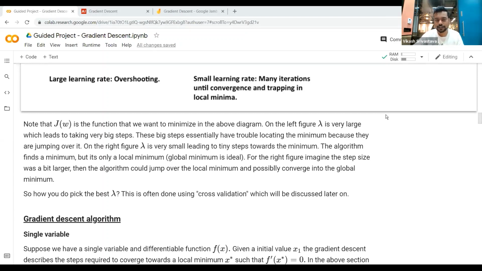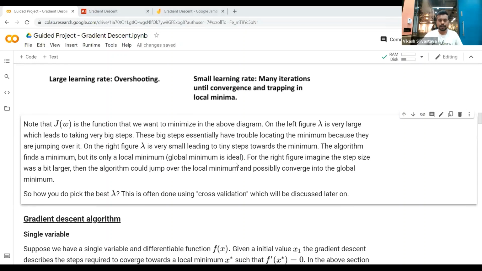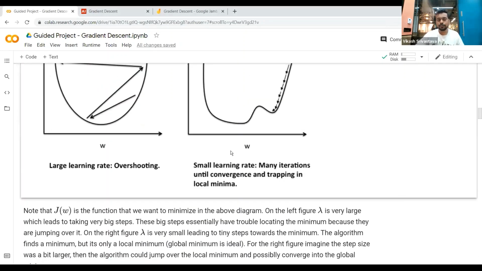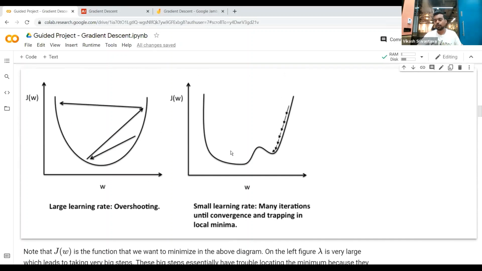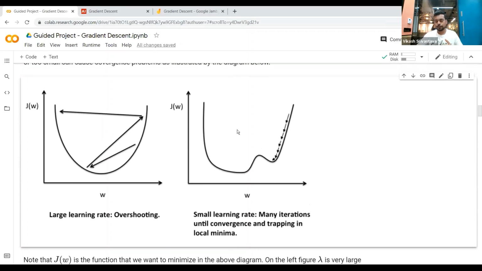So when the learning rate is very small, we might get stuck in the local minima instead of the global. Yeah, that is what I wanted to point out here, that there are some problems with a very large learning rate or a very small learning rate. So essentially, you'll need to experiment with different learning rates and see where you're getting the best performance.